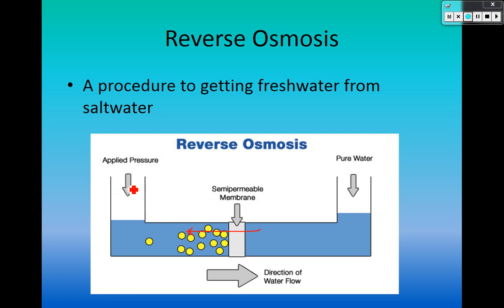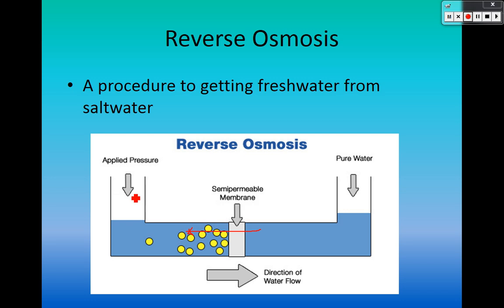And so what they do is, similar to active transport where you're using ATP, here we're just applying pressure, and we are literally forcing water through a semi-permeable membrane. Now this semi-permeable membrane allows water to pass, but not dissolved salts.